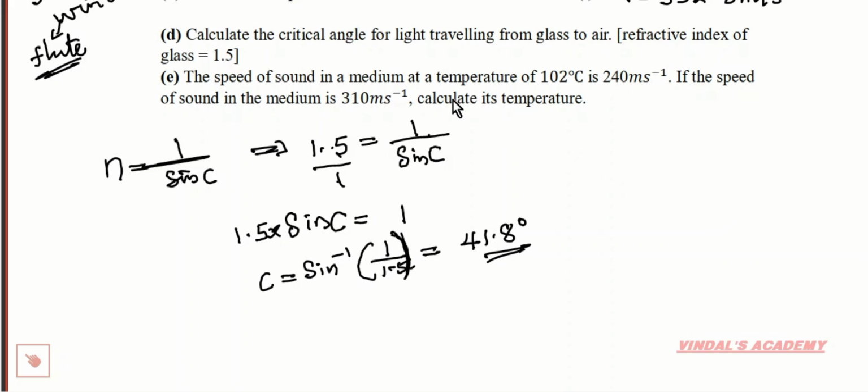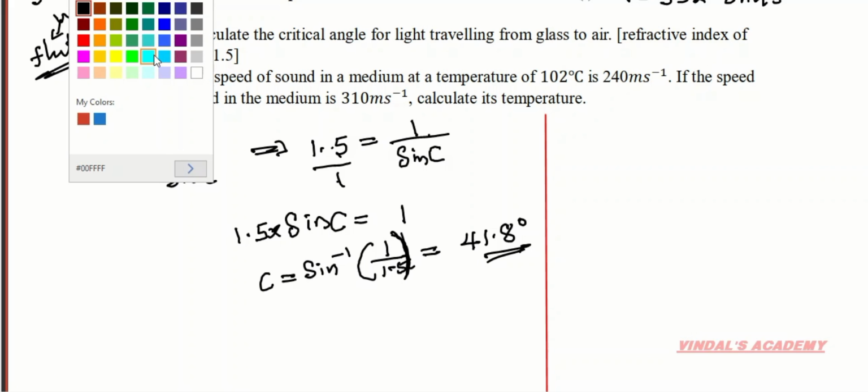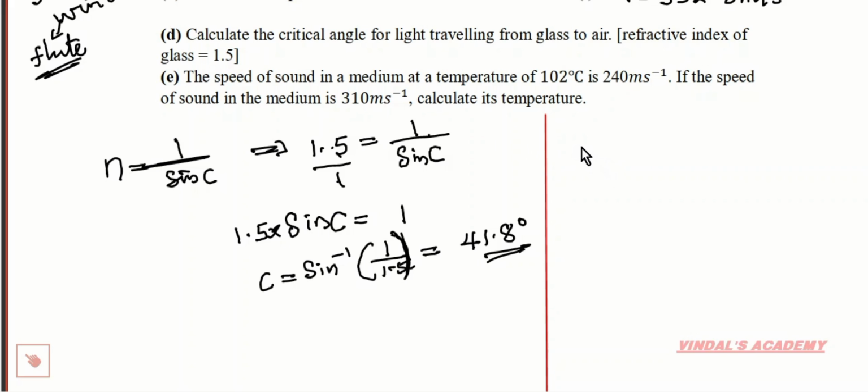The last question is number 10E. Let me put something different. We are going to have this question: the speed of sound in a medium at a temperature of 102 degrees Celsius is 240. If the speed of sound in the medium is 710, calculate its temperature.